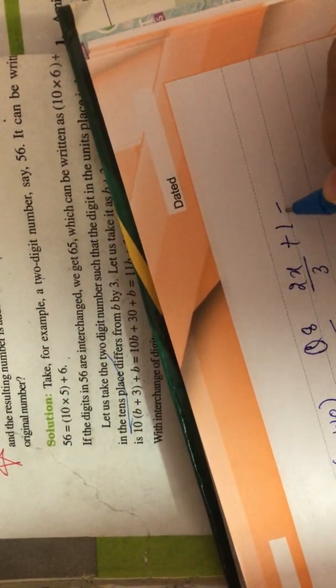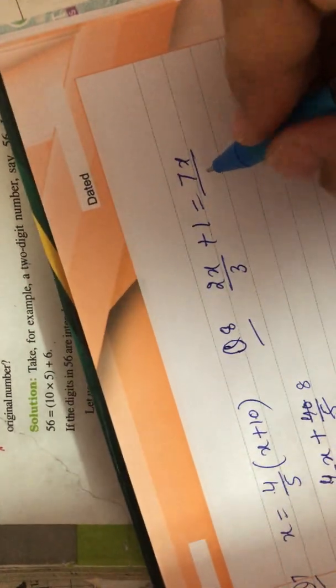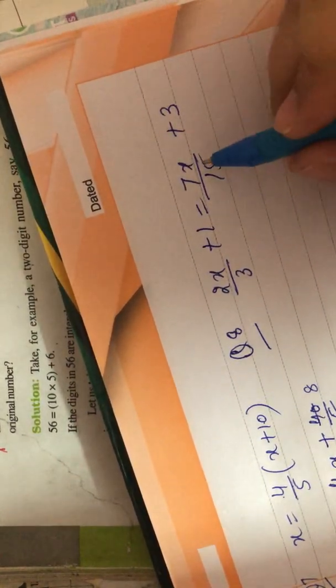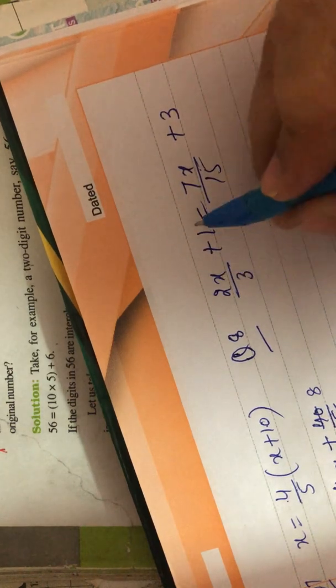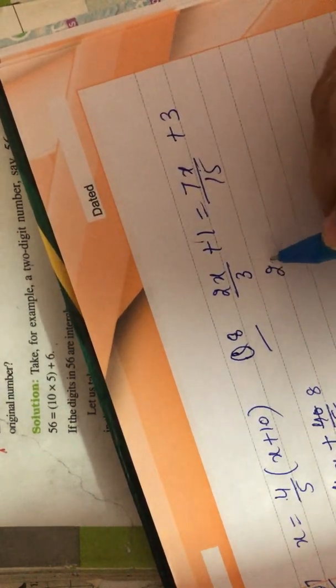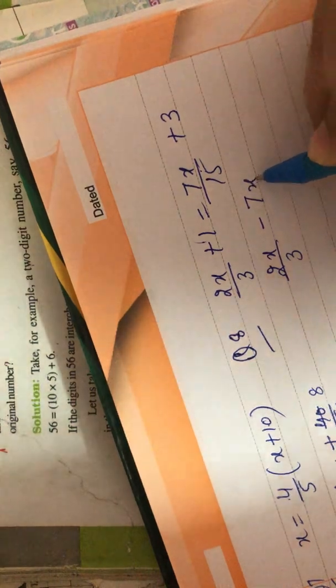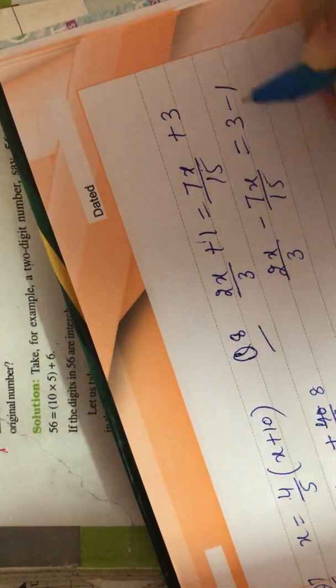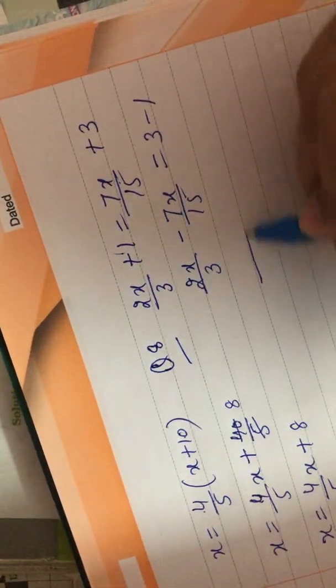Right? Now coming to question 8. 2x upon 3 plus 1 is equal to 7x upon 15 plus 3. Now this is a variable term, it will come to the left side and 1 will go to the right side. We'll do transposing. First step is transposing. Now to solve the left hand side, we have to take the LCM.